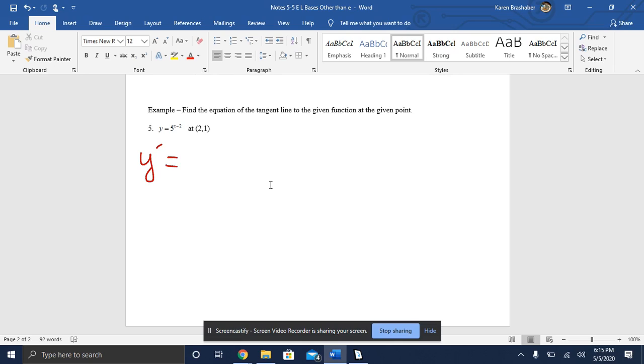So your derivative, y prime, would equal, so we do the natural log of the base, and we multiply that by the exponential, 5 to the x minus 2. And then we multiply by the derivative of the exponent, which is 1.